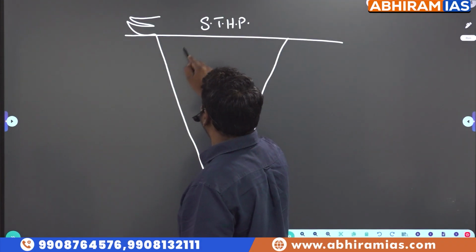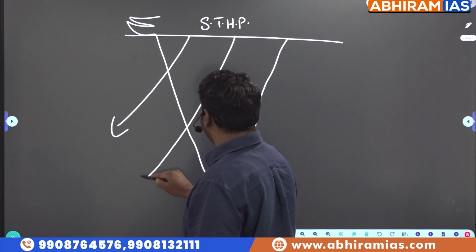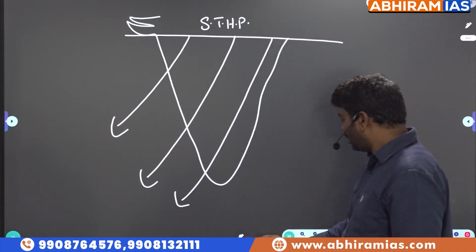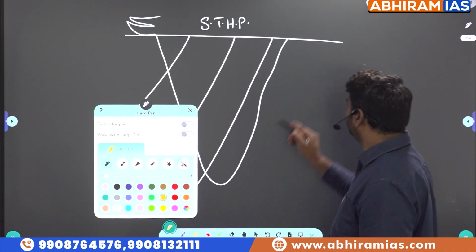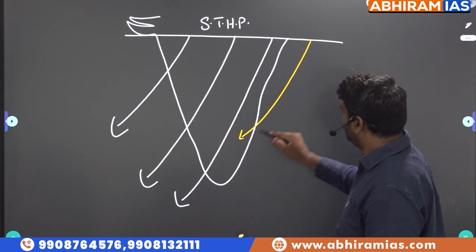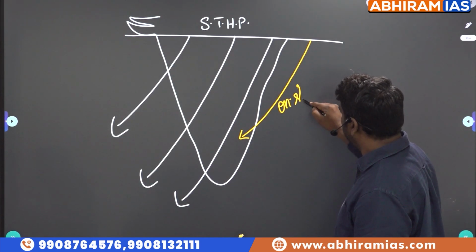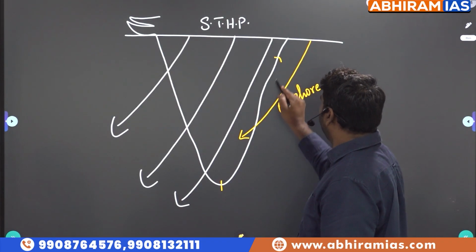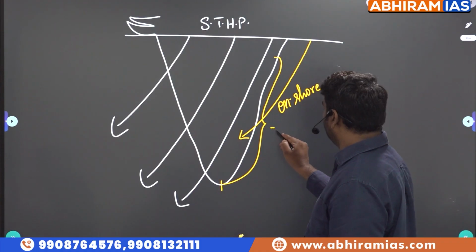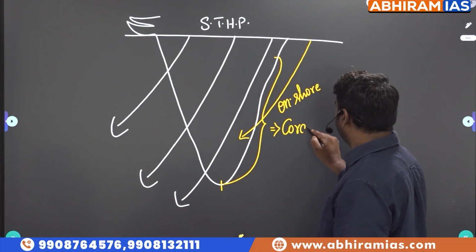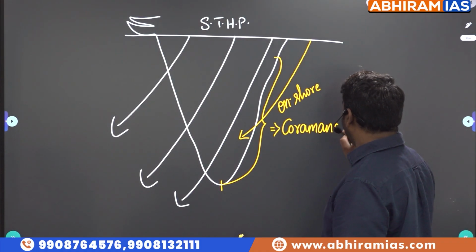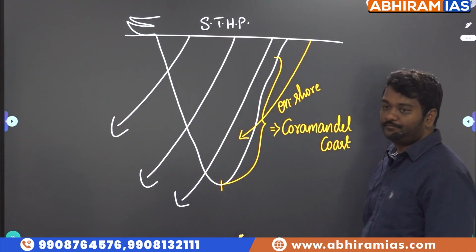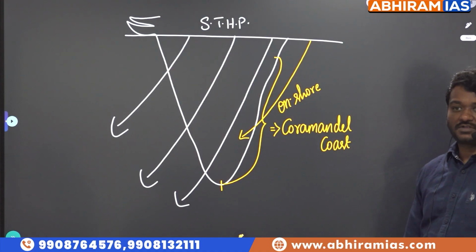Subtropical high pressure. All are offshore winds. This is onshore winds. This coast is called as Coromandel coast.